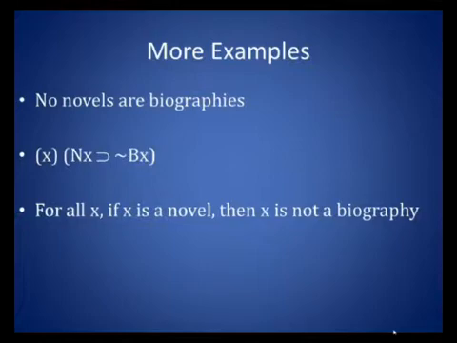If you were to put the negation in front of novels in the translation here, so it would say for all x, if not N x, then B x, what you would be saying is that for all x, if x is not a novel, then it is a biography. But that's not true. We know that just because it's not a novel doesn't necessarily mean that it is a biography. So it's properly translated this way.